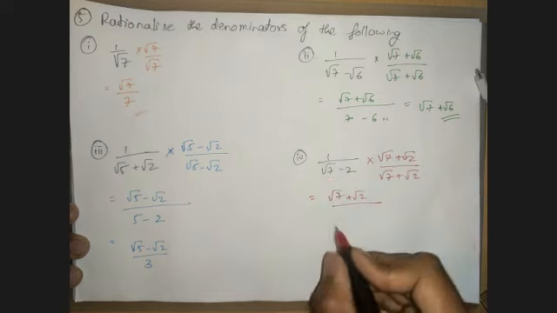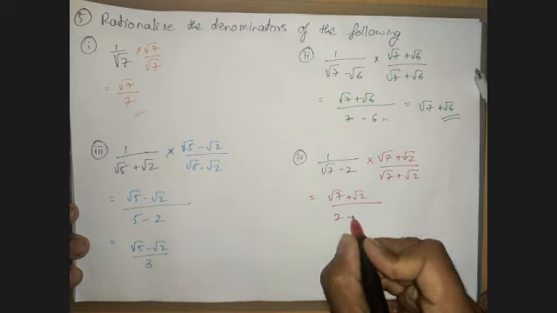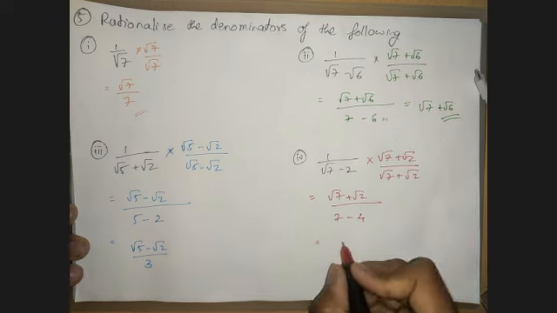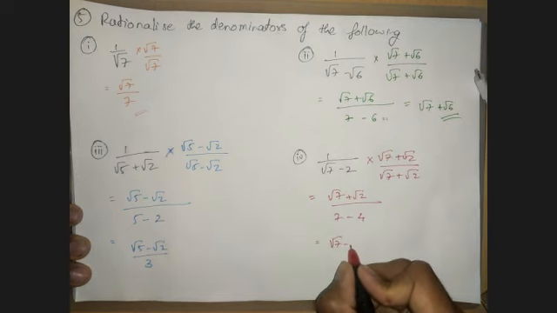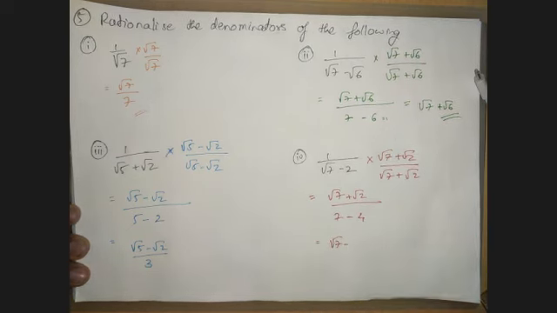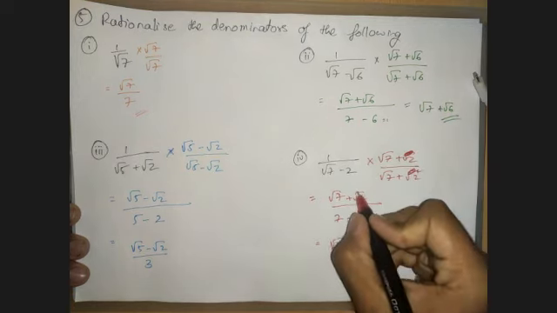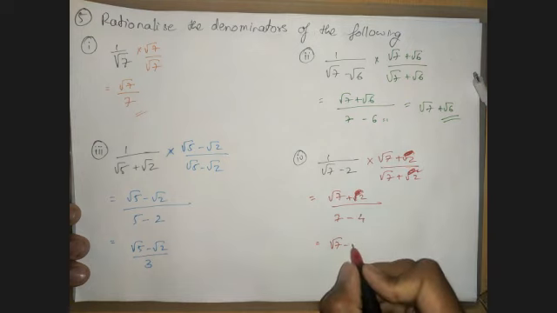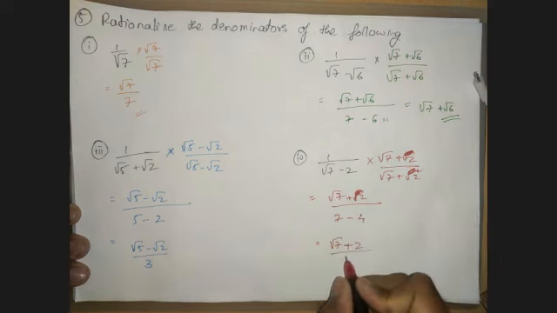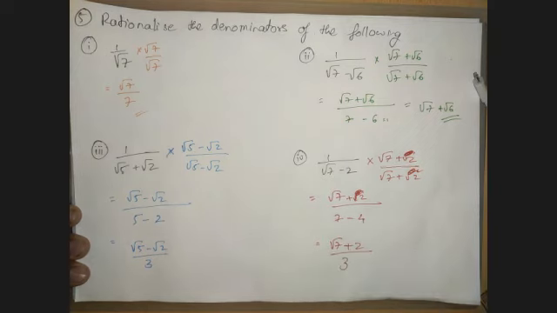That is root 7 square, which is 7, minus 2 square, which is 4. Oh, sorry, what have I written here? It is just 2. Root 7 plus 2 by 3. Yeah, this is good.